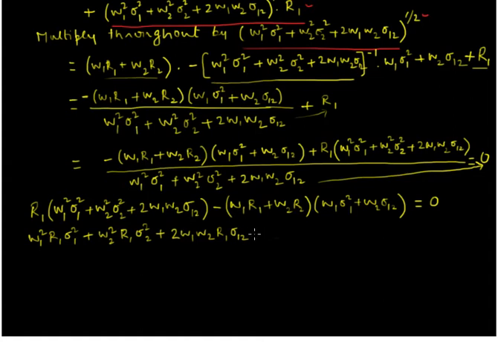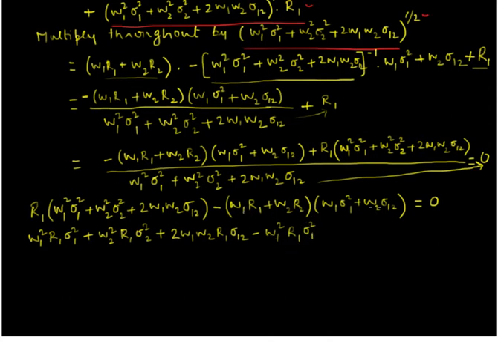Let us do that for the second term as well. So we write a minus W1 R1 times this is going to give us W1 squared times R1 times variance of 1.